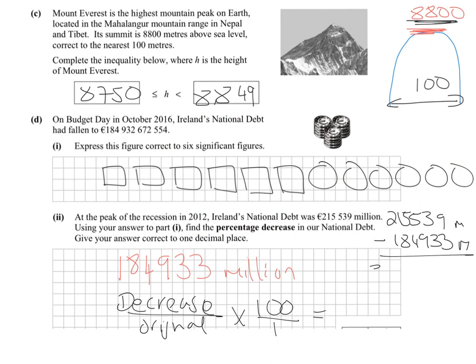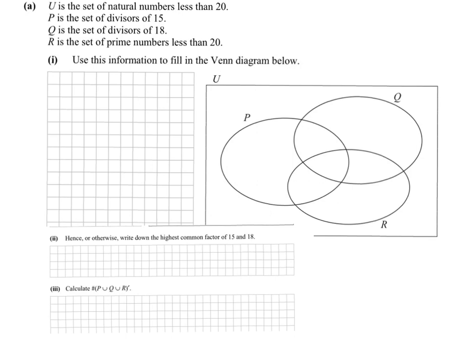That would give you 30,606,000,000. So that becomes now my decrease. You're going to put that over the original amount. Remember to include your zeros, and you're going to multiply it by 100 over 1.